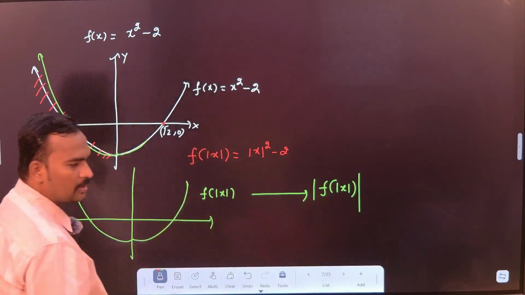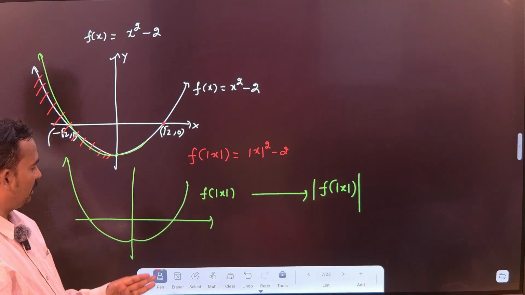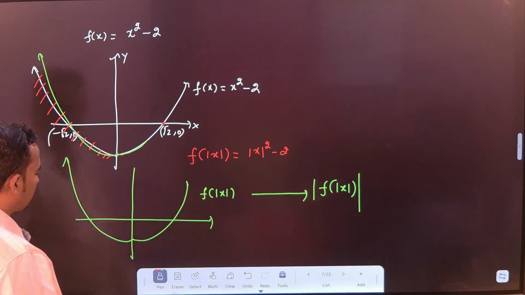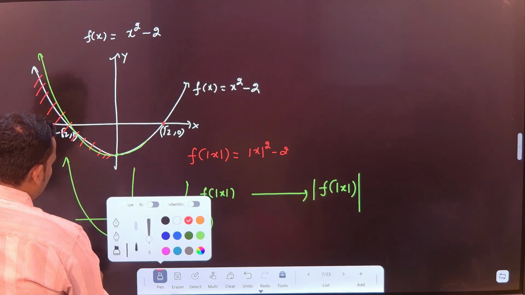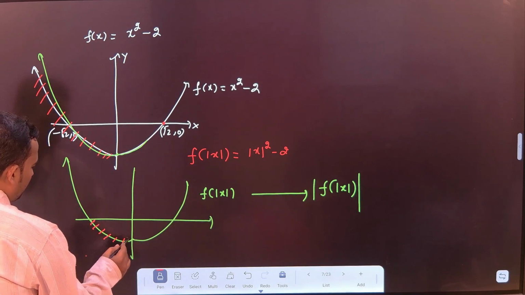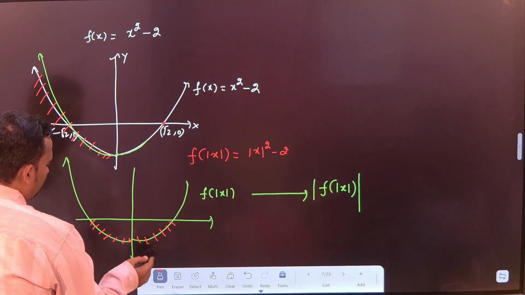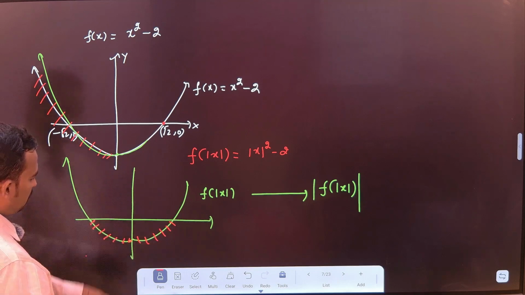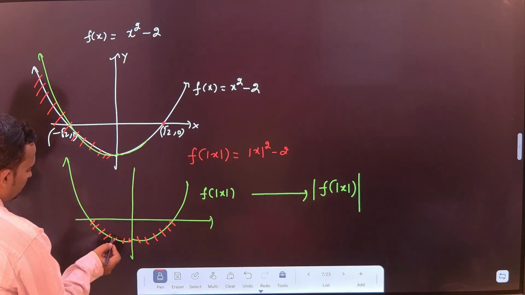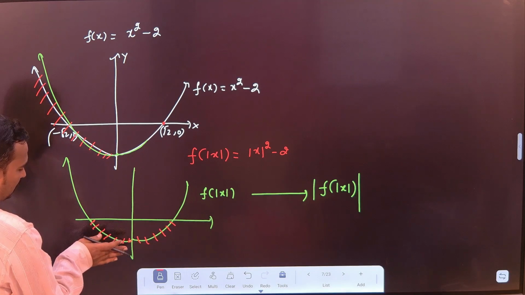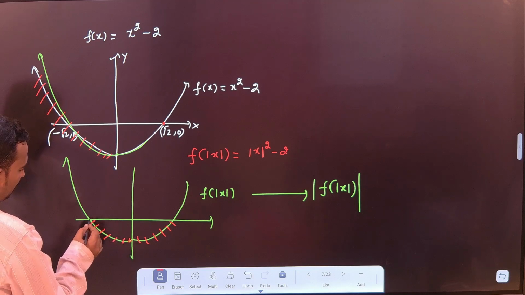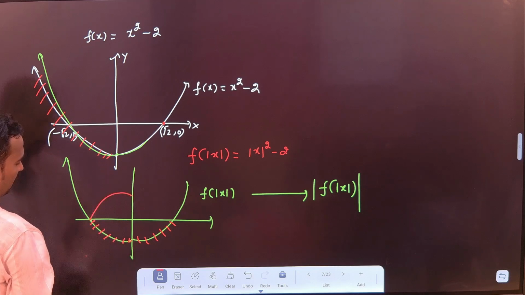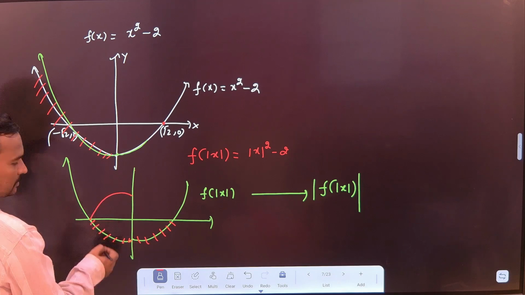How to draw this? Whatever negative portions are below the x-axis, you have to remove them and take them with respect to the x-axis. Whatever is removed, that means the shaded portion, will be reflected about the x-axis.